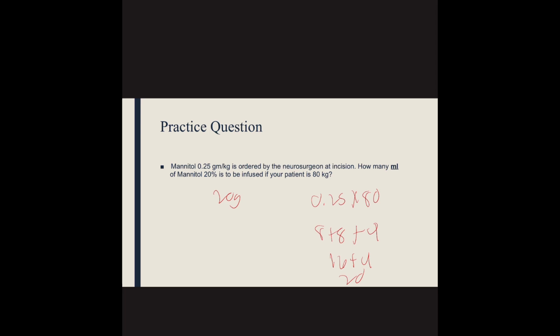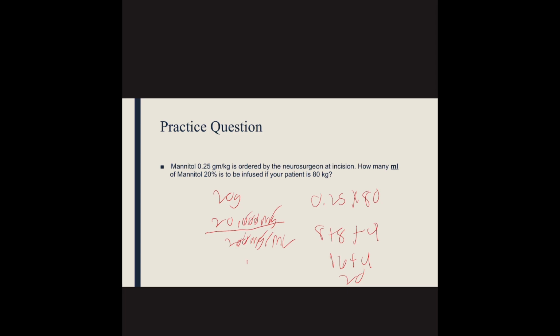And we know that 20 grams is also 20,000 milligrams. And 20% is 200 milligrams per milliliter. They want to know how many milliliters we need to give, so we can cancel out the milligrams. How many times does 2 go into 20?